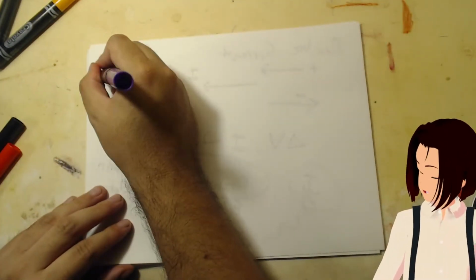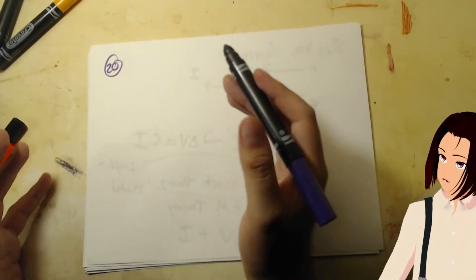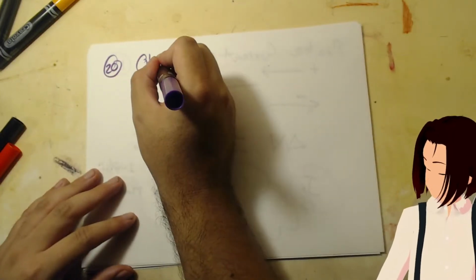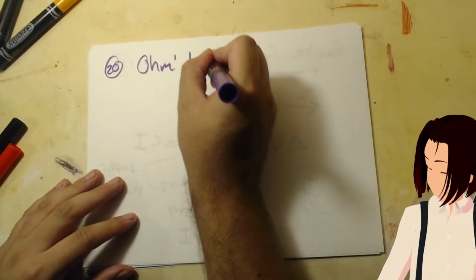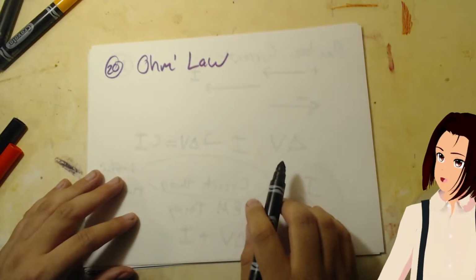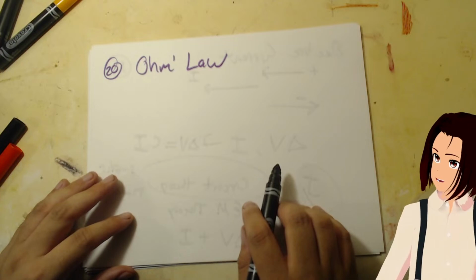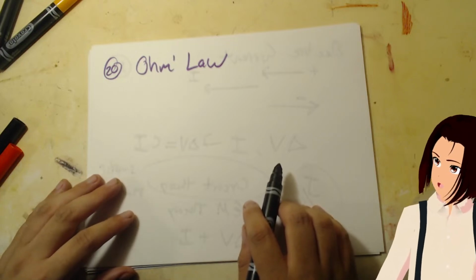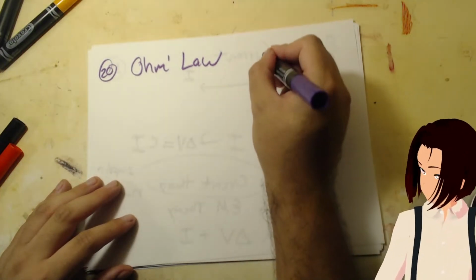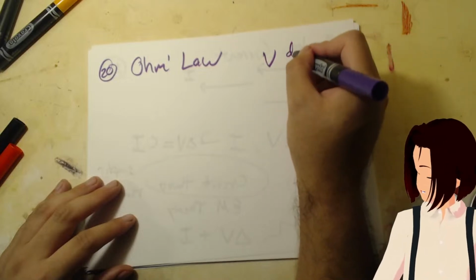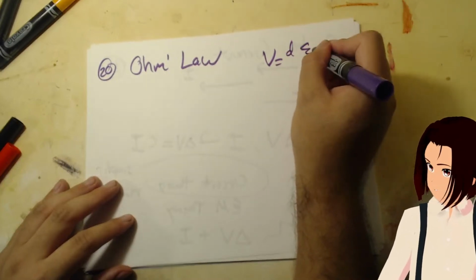Now we have all the understanding, and now we can finally get to Ohm's law. I know a lot of other people in the course would just say, oh, you know what voltage is, it's the derivative of E or whatever.